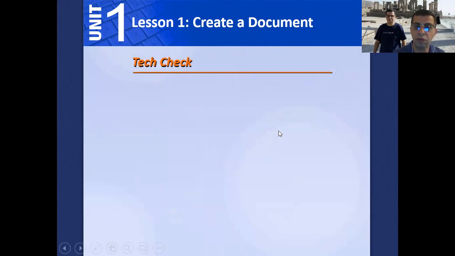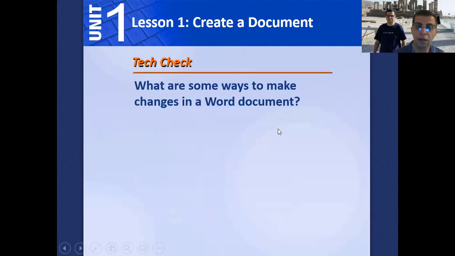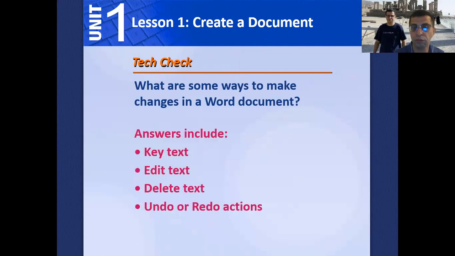Now let's do some tech check. What are some ways to make changes in Word? You can key the text, you can edit the text, you can delete the text, and you can undo or redo it.